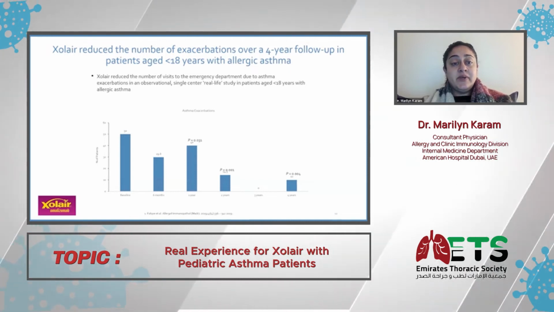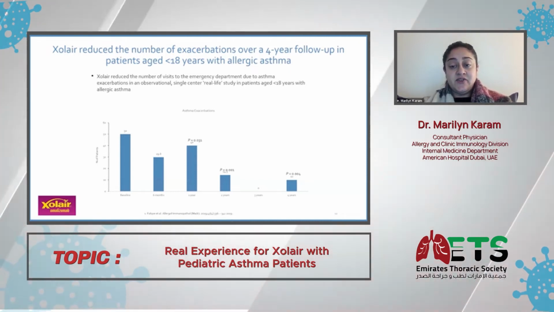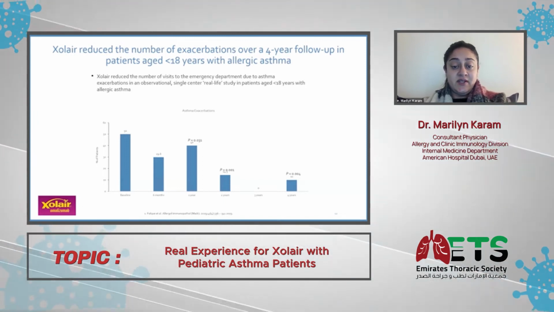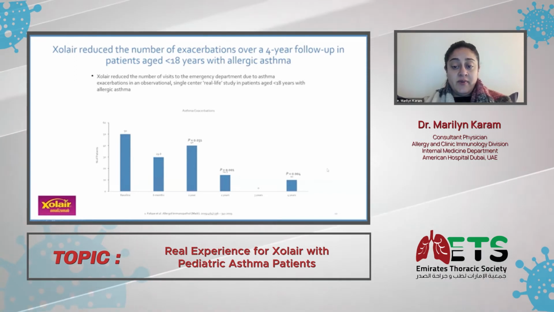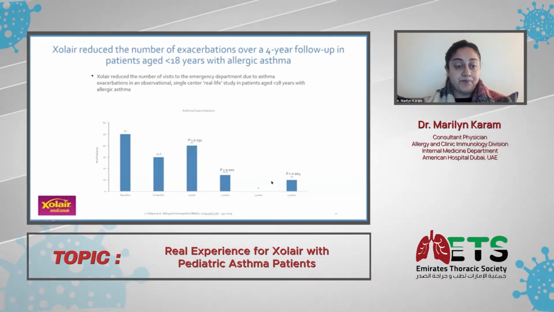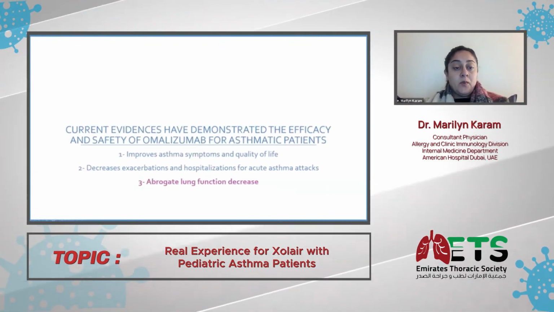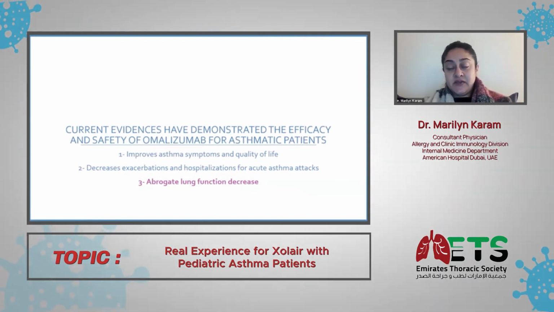And omalizumab consistently reduced the number of visits to the ER department due to asthma exacerbations, and you can see the p-values at year 1, which was statistically significant throughout all 4 years of follow-up. We also know that omalizumab can abrogate lung function decrease.